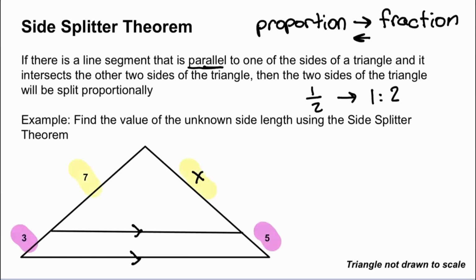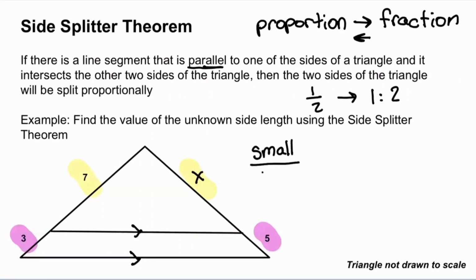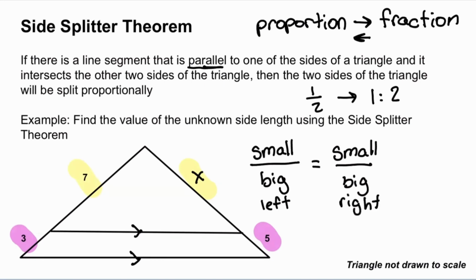So when we are making our fraction, we have to make it so that we have a small piece of line segment from either the left or right over a big piece of line segment be equal to the same small over big on the other side. Let's just make this our left side and our right side.